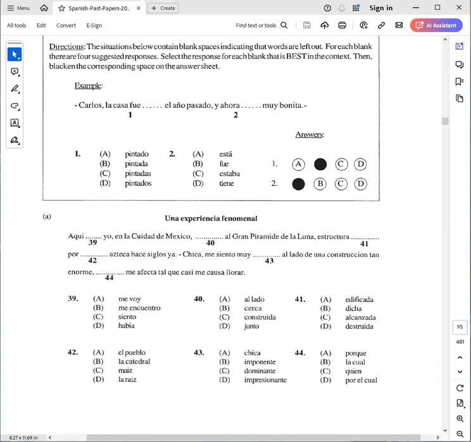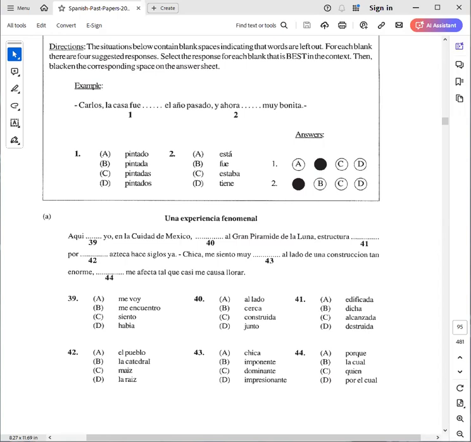So that's 39B. So number 40, we can use D, junto. So junto al gran pirámide de la luna, right? So next to the Great Pyramid.